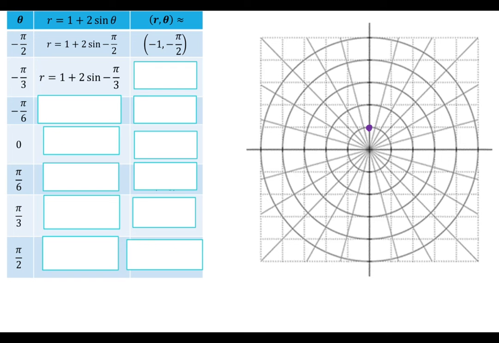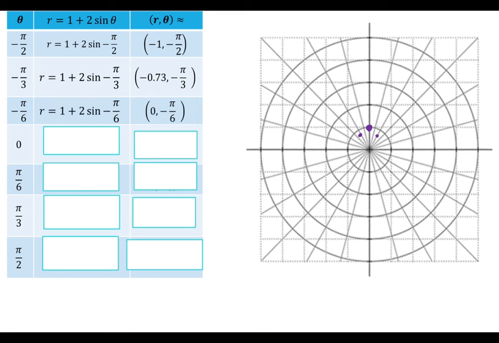Then for symmetry being across theta is equal to pi halves, that is on itself as a mirror point. And then plot the point that we get for plugging in negative pi thirds. I get negative 0.73 at negative pi thirds, so negative 0.73, and then rotate clockwise pi thirds. That's about right there, which gives me a mirror point over here. Then plug in negative pi sixths, I get 0, so 0 radius.